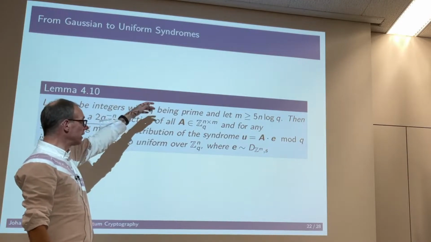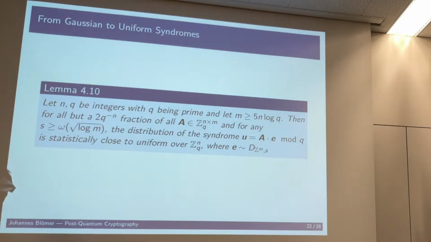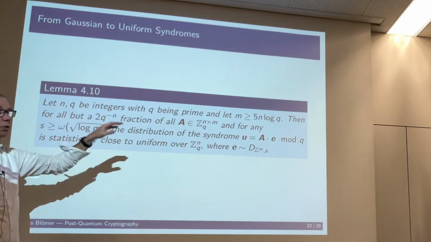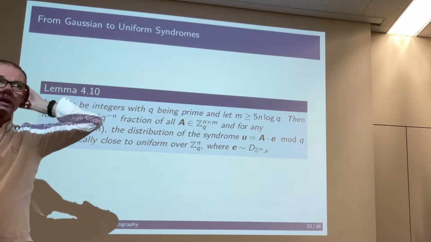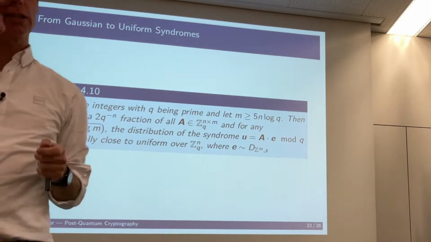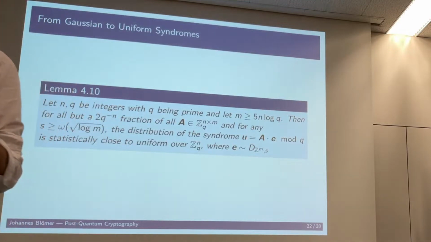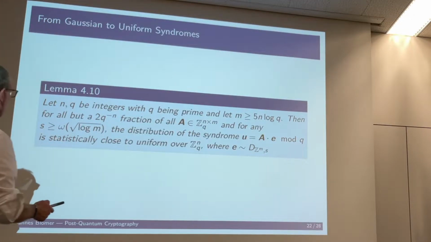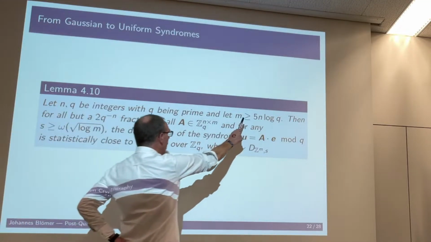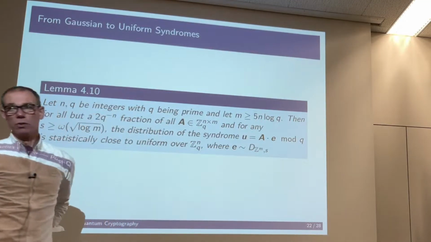And what this says is that for appropriate parameters, this is statistically close to uniform. So the distance to the uniform distribution is negligible. The parameters that we have are that m must be larger than 5n log q.